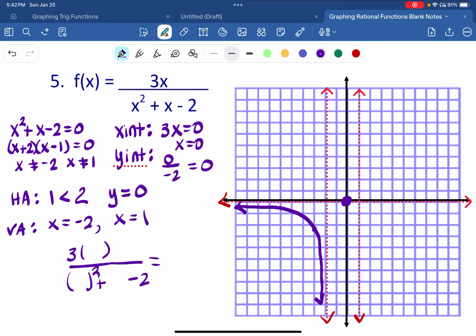Since that's 1, let's plug in 2. Okay, 2 squared plus 2 minus 2. These cancel out. So I have 6 over 4, which is 3/2, which is 1 1/2. So if I go to 2, I'm going to go up 1 1/2, which is right there. That's enough information to tell me that my graph's going to do this.